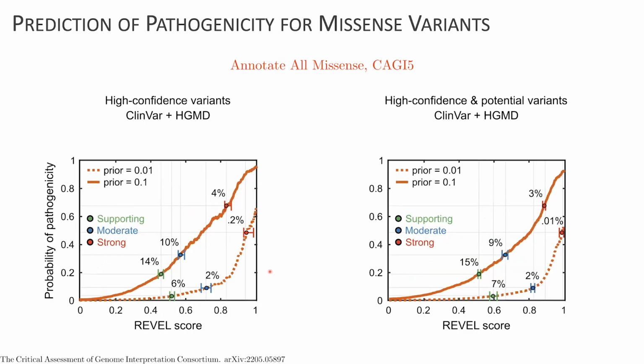Now, how does all of that look when we talk about the clinical setting? In a clinical setting, as Vikas just described, I'm going to pick here one predictor only, which is the REVEL score. And I'm going to show you this particular probability of pathogenicity, which is the posterior that Vikas talked about. And so here, I'm showing you what is the influence of different priors on that posterior.